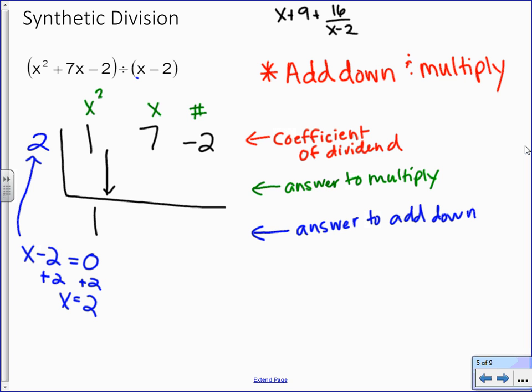Okay. Now multiply. 1 times 2 is 2, and the answers go on the second line of the synthetic box. So on the next column, under the 7.